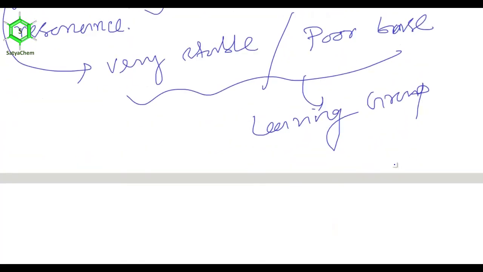This concept is very important while solving MCQs.